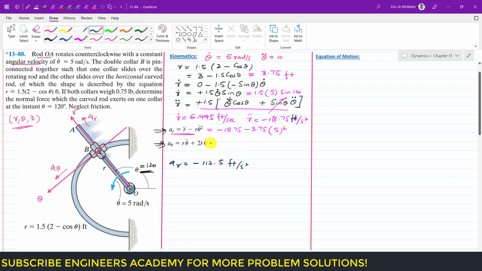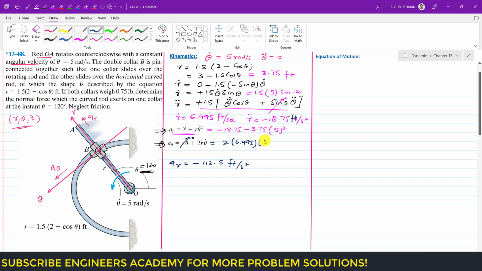Similarly, we can find a_theta. We can put the values. When theta is 120 degrees, r is 3.75, so I will write 3.75 into theta double dot. Again, theta double dot is 0, so this will become 0 and we will be left with this term. This is 2 times r dot, and r dot is 6.495, into theta dot, and theta dot is 5.